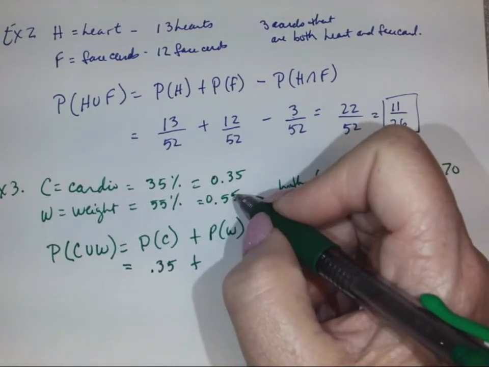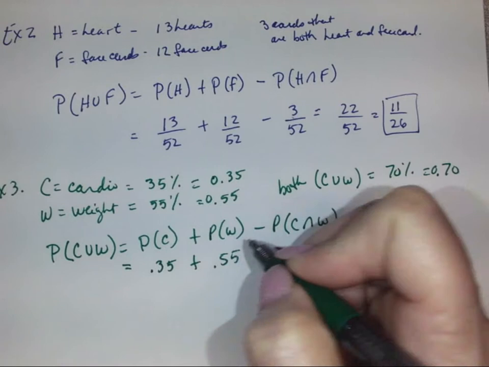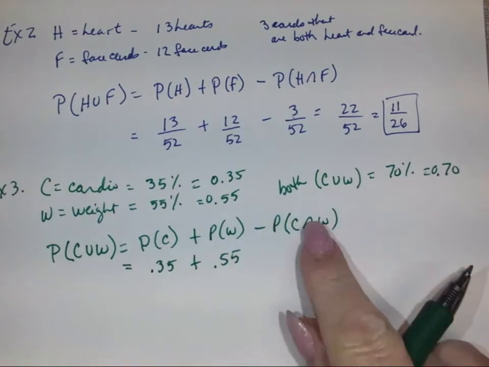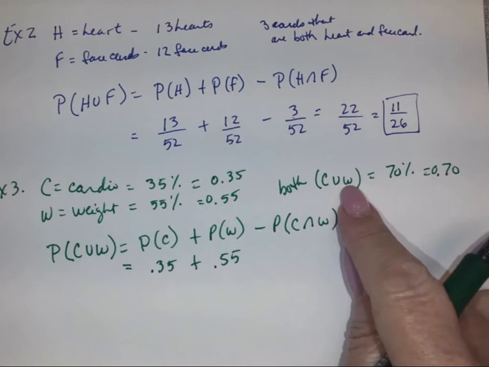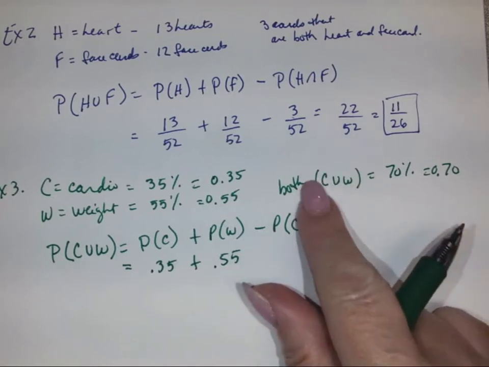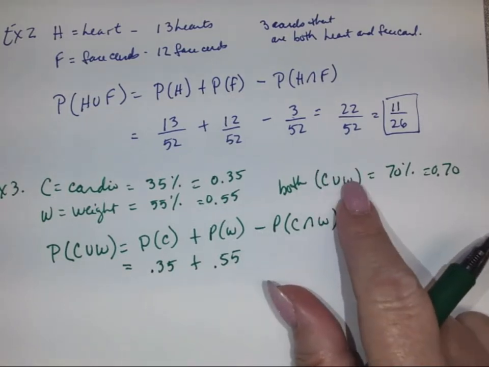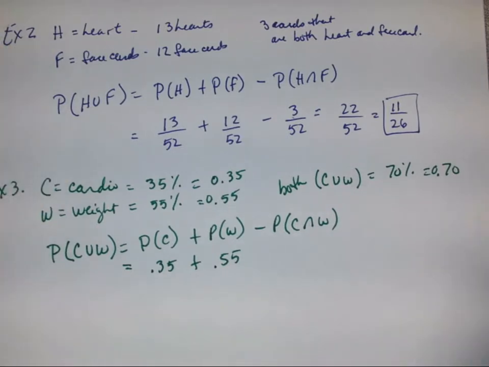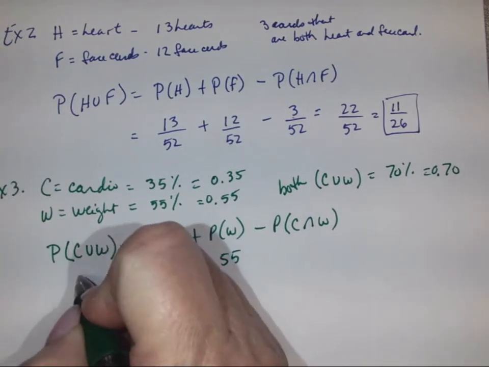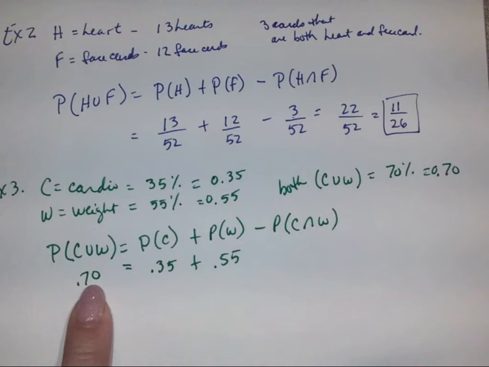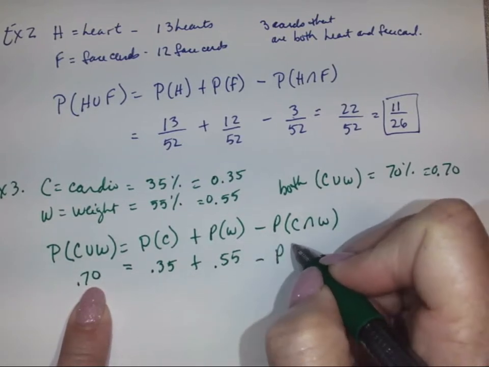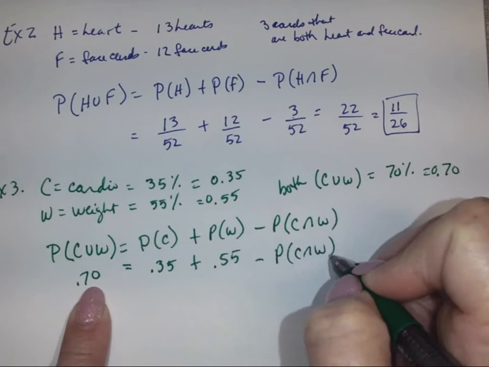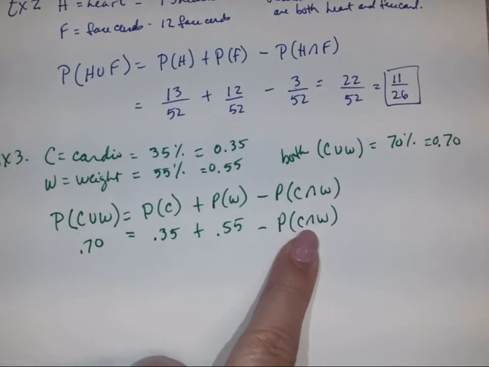The probability of the weight was 0.55. We weren't told what the intersection was, but we were actually given the union. The union where they were concerned with either one of them would be 0.70. So that is going to go on this side. And then we're still subtracting the probability of the intersection. So this is what we're looking for this time.